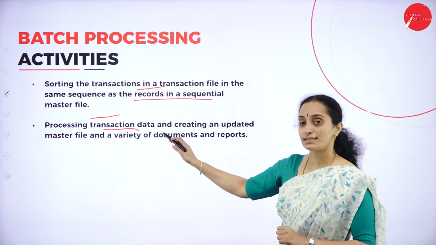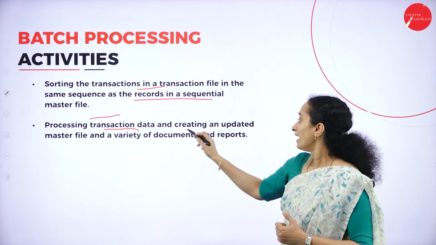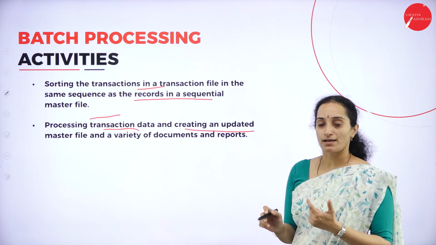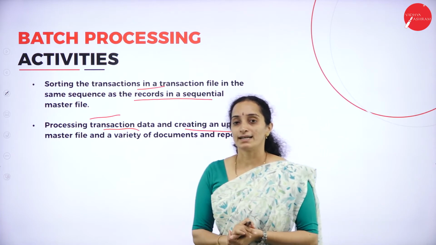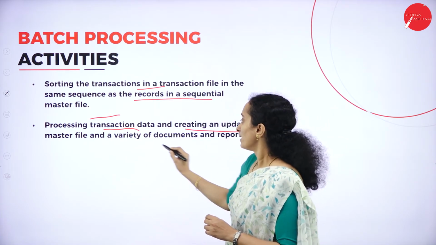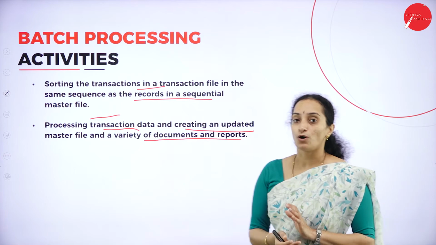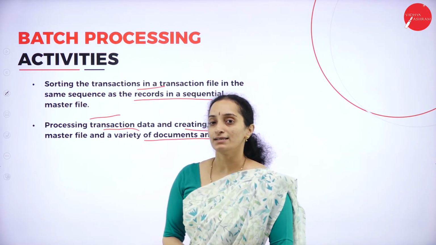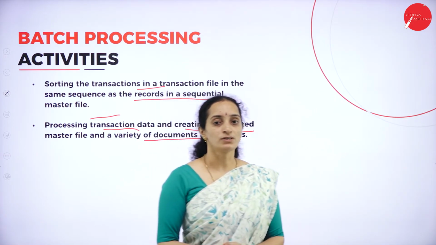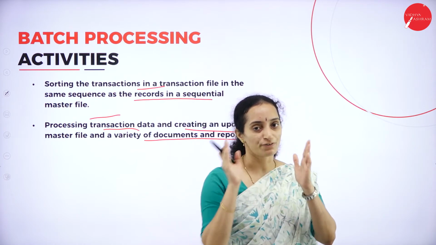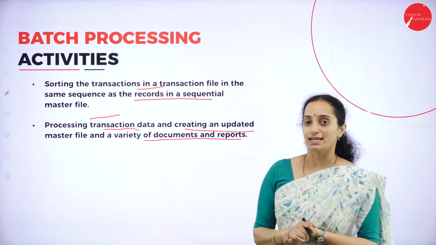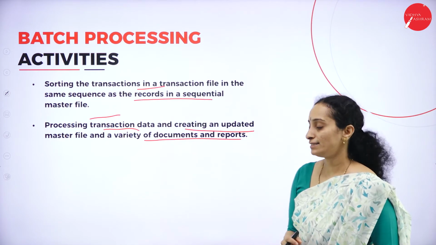Then we process the transaction data in the system and create an updated master file, getting all the data in one file, along with a variety of documents and reports. Collecting these documents and reports at once in the form of a master file is needed to generate a report.